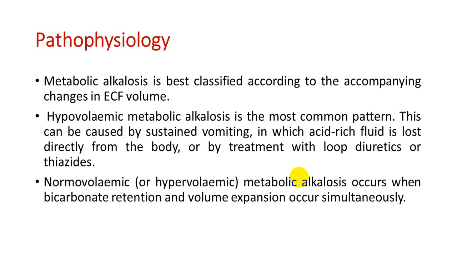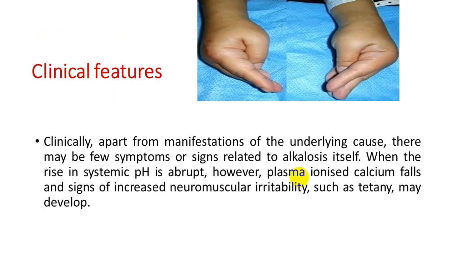Normovolemic or hypervolemic metabolic alkalosis occurs when bicarbonate retention and volume expansion occur simultaneously. What are the clinical features? Apart from manifestations of the underlying cause, there may be few symptoms or signs related to alkalosis itself.